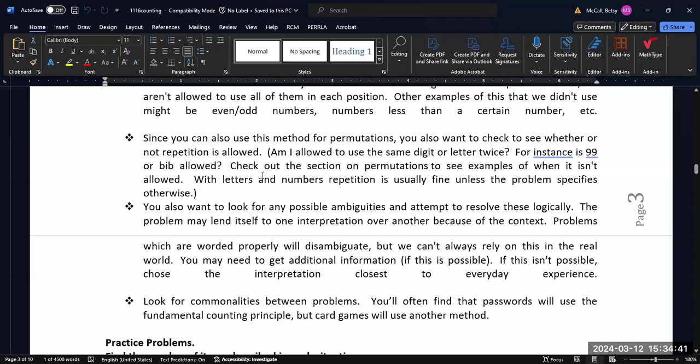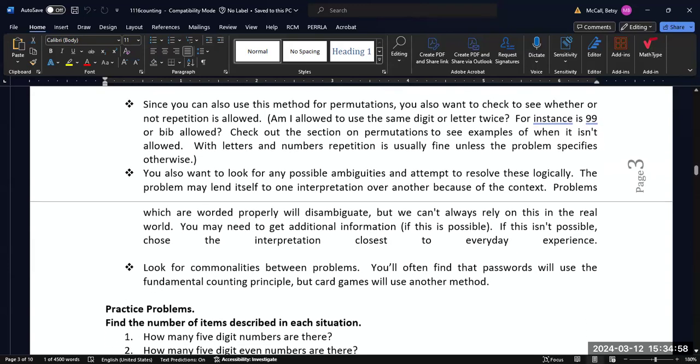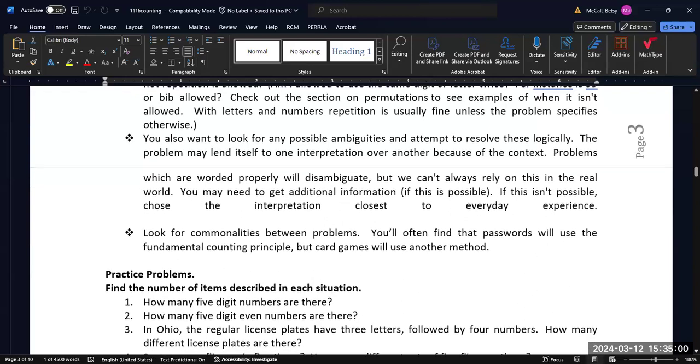There's nothing in the problem that says that it's not, and therefore it's fine. But we're going to talk about permutations next. And so usually they will have to specify, or there will be a context in which it's clear that you're not allowed to repeat. But that may be something that you have to ask as you go through these problems.